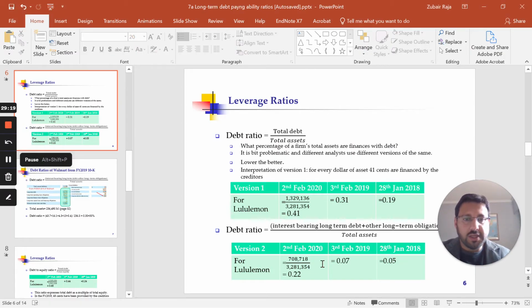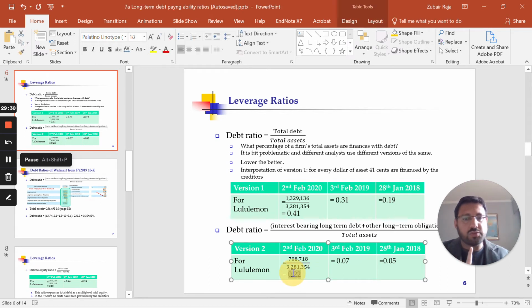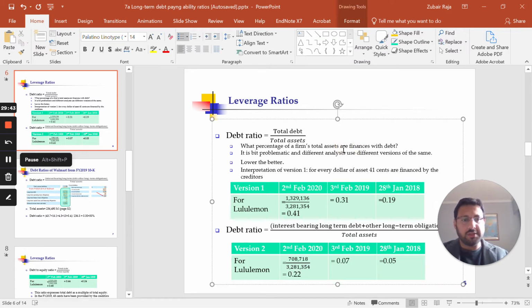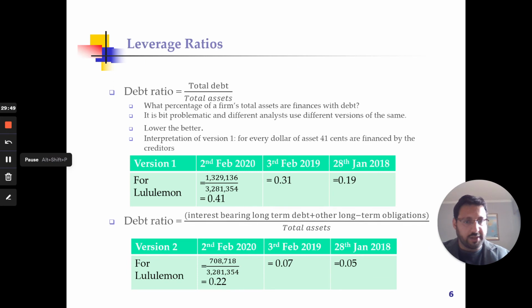The interpretation is simple: within each dollar of assets, 22 cents are financed by creditors. So again, it's a very safe situation, and versus the competitor, Lululemon is doing much safer. And with that qualitative data under note 8, things are getting very clear to me.